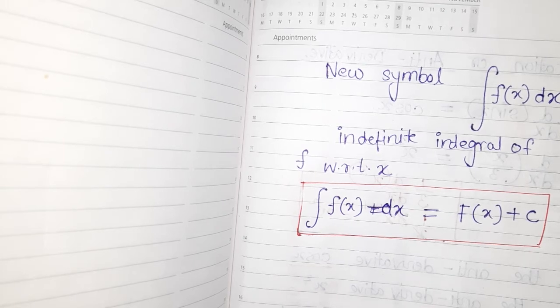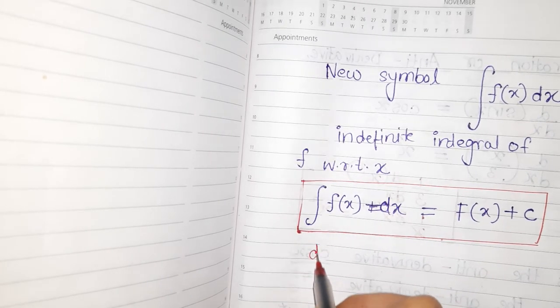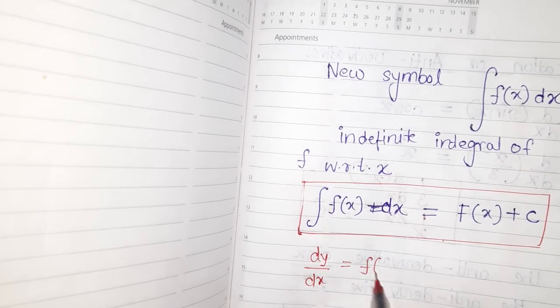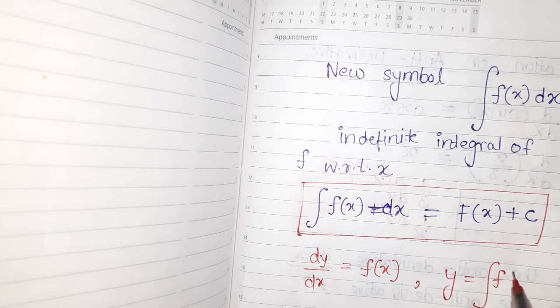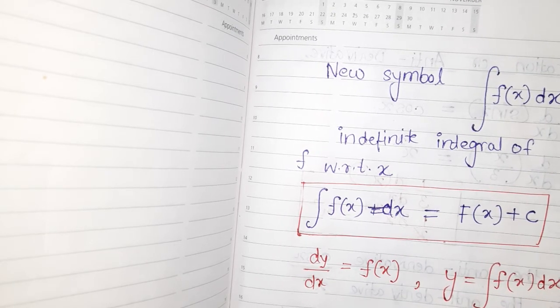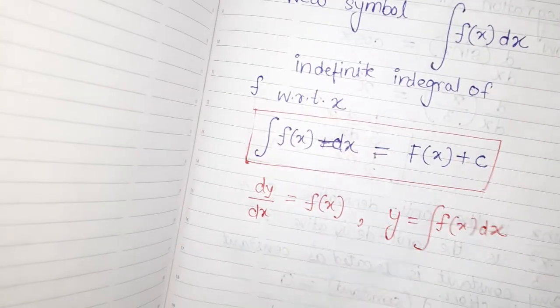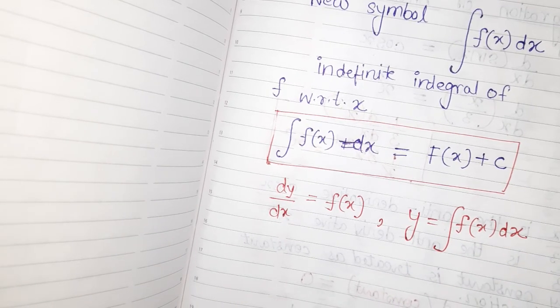Suppose you are given dy by dx is equal to f of x, then you can write y is equal to integration of f of x dx. This is the relation between differentiation and integration.